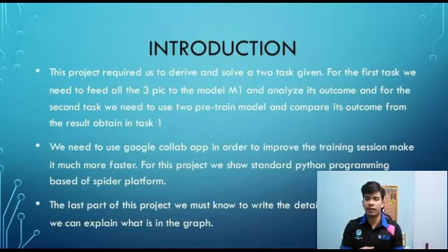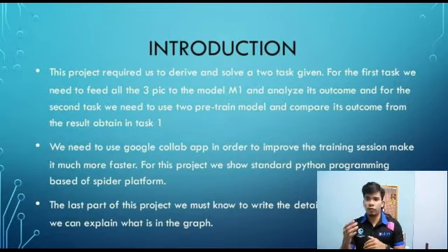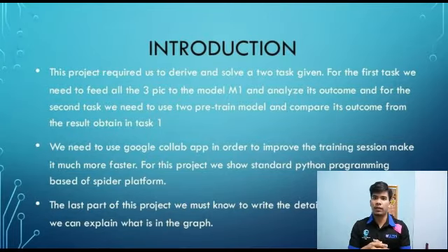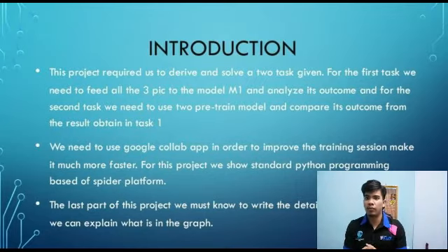For the second task, we need to use two pre-trained models and compare the outcome with the result obtained in task 1. For the second point, we need to use Google Colab in order to improve the training session and make it much faster.